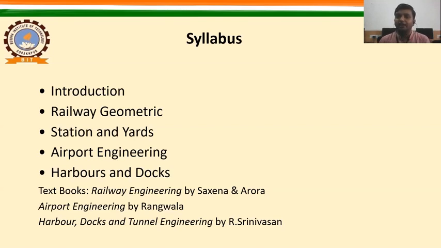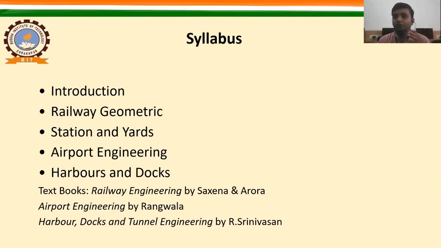So we can see that this entire course consists of three different streams of transportation, that is railways, airport, and docks and harbor engineering, and these three subjects will be delivered to you through three different books.